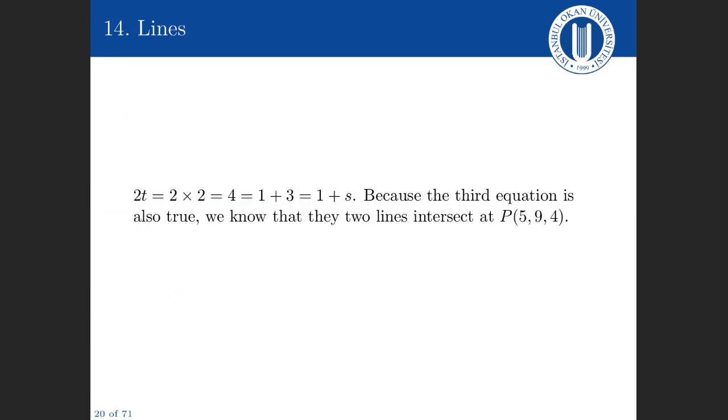So we look at the third equation. 2t is equal to 4 and 1 plus s is equal to 4. This is also satisfied. Because all three equations are true for this value of s and this value of t, the lines must intersect. Putting these s and t into the equations, we find the point where they intersect.